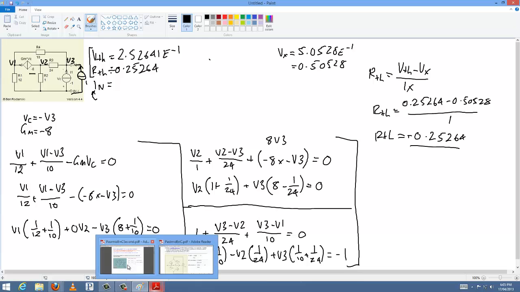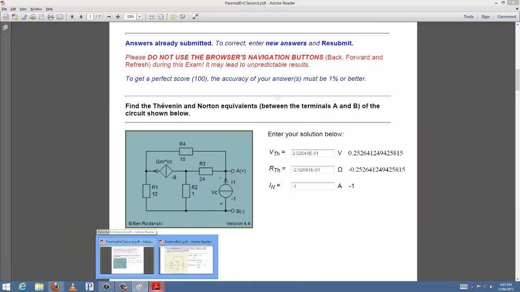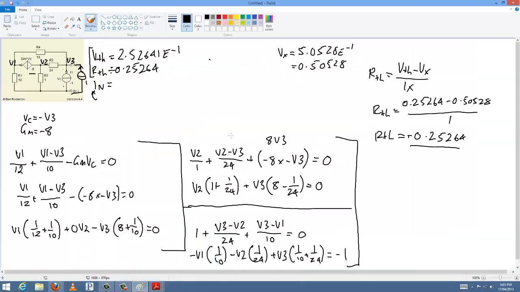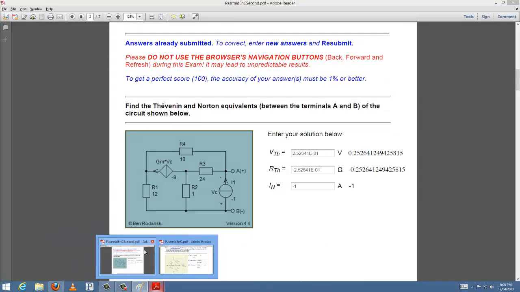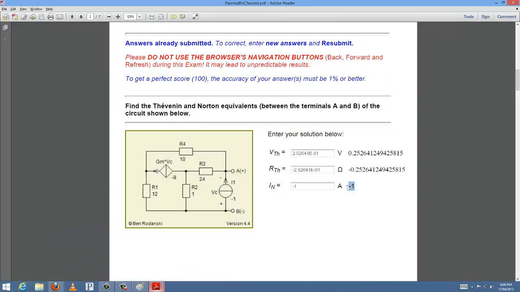Recheck that answer. It is also correct. And using Ohm's law with our values here, I equals V on R. Should be -1. And yeah, it is.